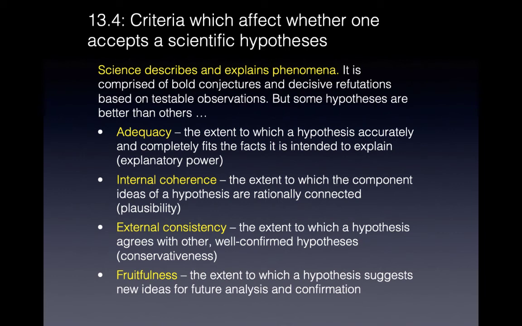The last criterion I'm going to focus on is something called fruitfulness. It's useful because we want a hypothesis to suggest new ideas for future analysis and confirmation. We can invent all kinds of explanations for things that are totally useless or maybe even trivial. So why, for instance, are people still getting COVID even though many people are being vaccinated?